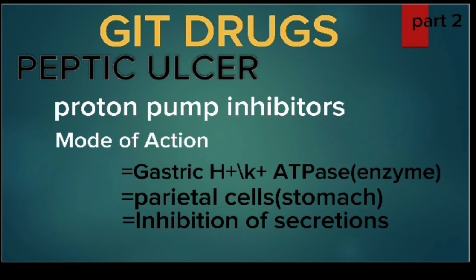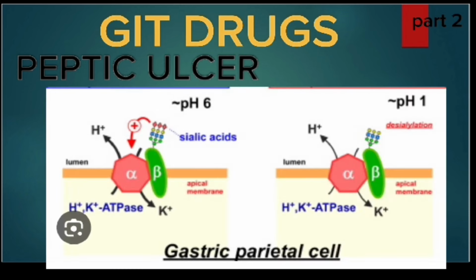Normally the stomach has cells, the parietal cells, and the surface of these cells has a specific enzyme, hydrogen potassium ATPase, present on the cell membrane. This is the luminal surface of the parietal cells, where the hydrogen potassium ATPase, a cell membrane enzyme, has the major function of secreting hydrogen ions and increasing the acidity of the stomach.